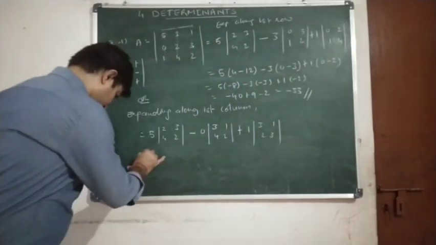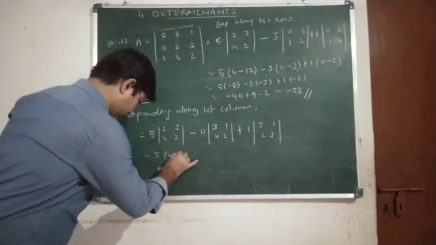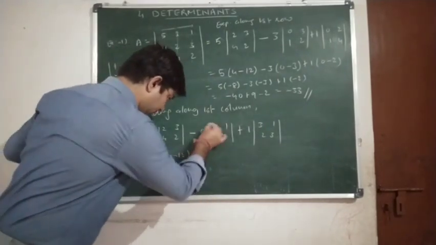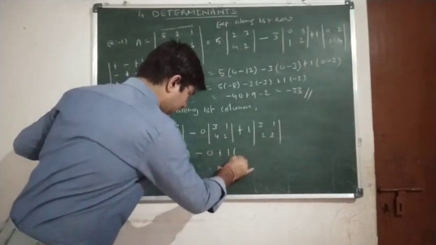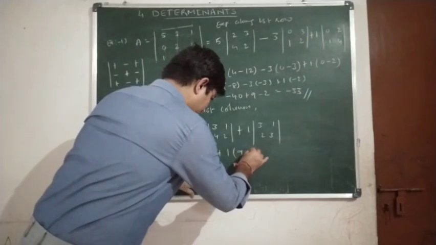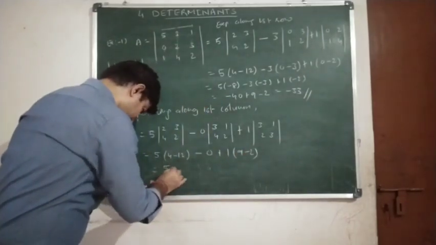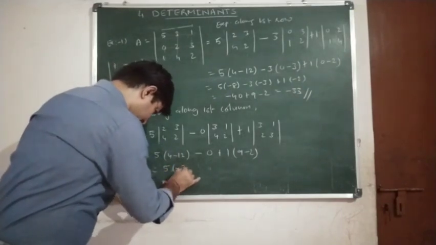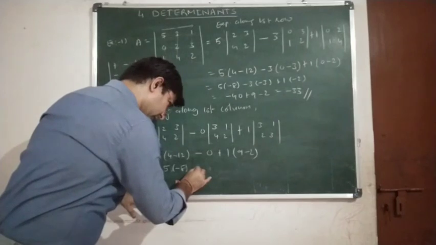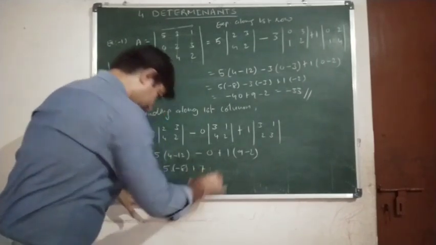Now we will simplify. 5 into, this will be the same only. Now anything multiplied with 0 will be 0, plus 1 into 3 is 9 minus 2. So here 5 into minus 8 plus 7.